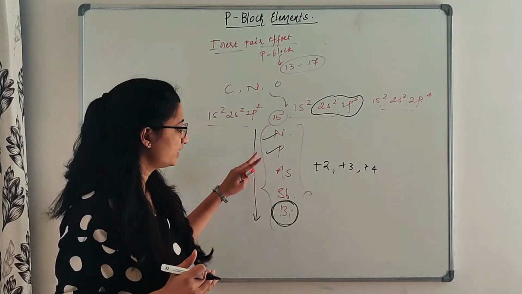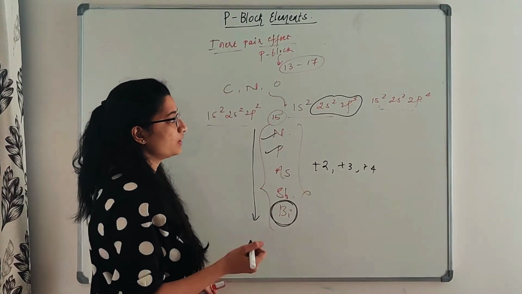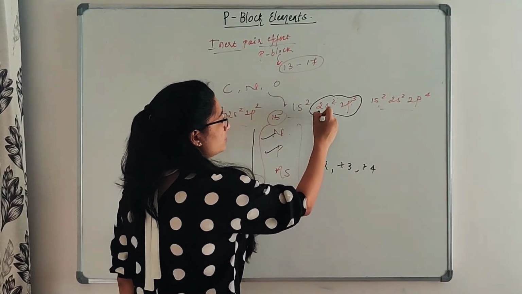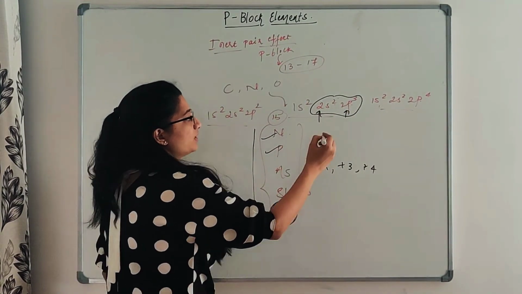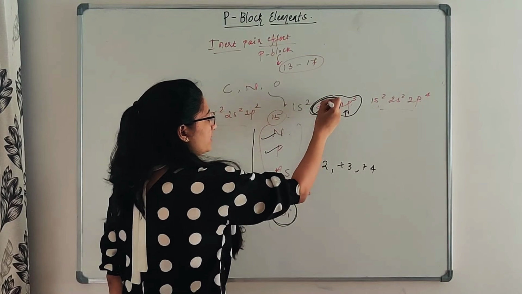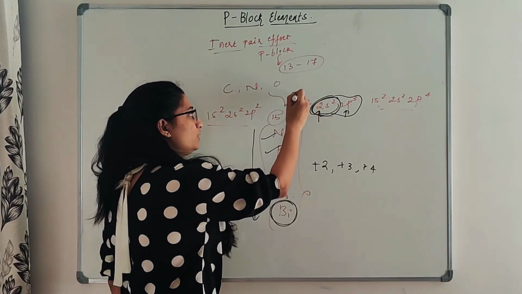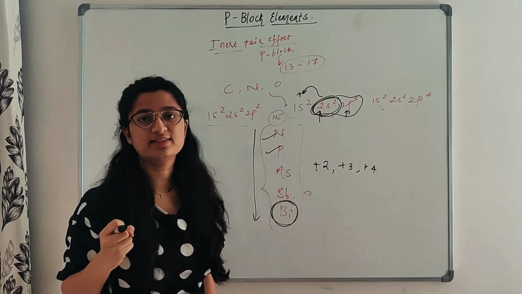So what happens if the nuclear charge is increased? You can see here there is a 2s2, 2p2. As we move down, if the nuclear charge is increasing, the nucleus will tend to attract these electrons towards itself.